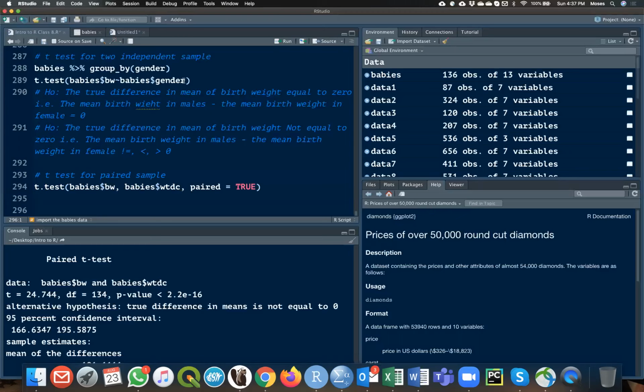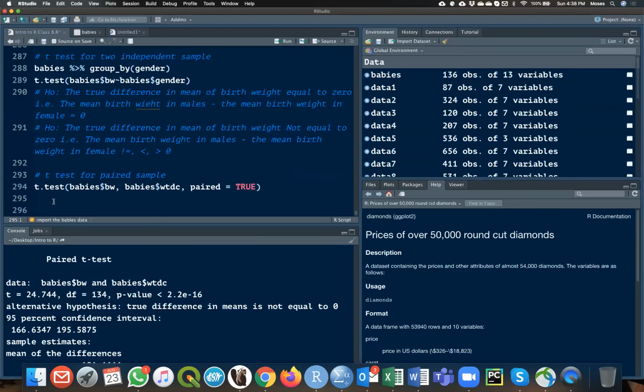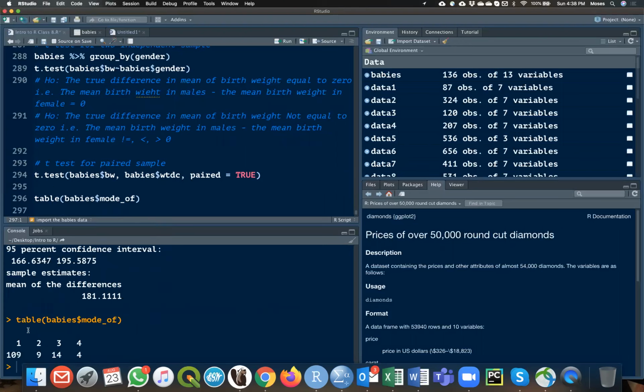So if you are testing more than 2 groups, here we go to mode of delivery. For example, if I make a table of babies by mode of delivery, there are several. Others had normal delivery, maybe others had cesarean, or others were sort of an emergency or something.